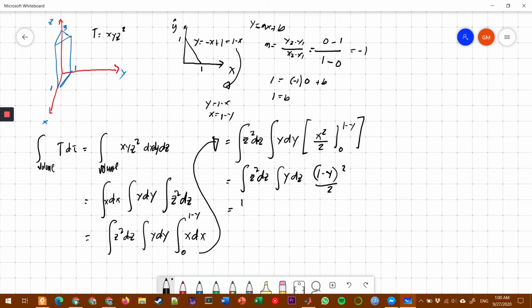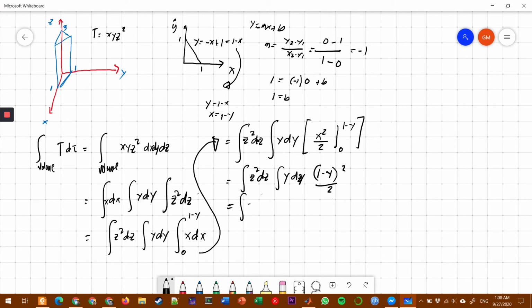Or, take out the 1/2. So we have z squared dz. Then we have y times 1 minus y squared, this is dy. Okay. Now, distribute it, guys, in class.